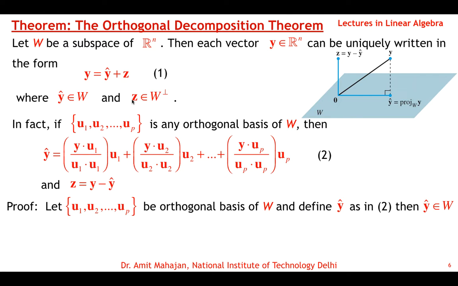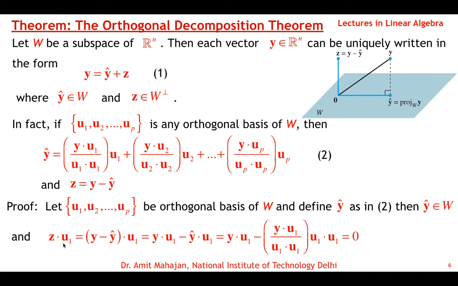So if I calculate z dot product with u1, okay, that's the first step. z dot u1, and z is y minus y cap, so it is (y minus y cap) dot u1, so it is y dot u1 minus y cap dot u1, and y cap is this linear combination. So this linear combination dot product with u1 will only give the first term: u1 dot u1 will be non-zero, and u2 dot u1, u3 dot u1, and up dot u1 will all be zeros.